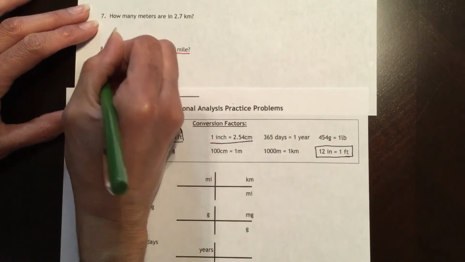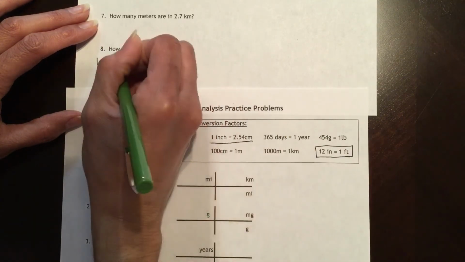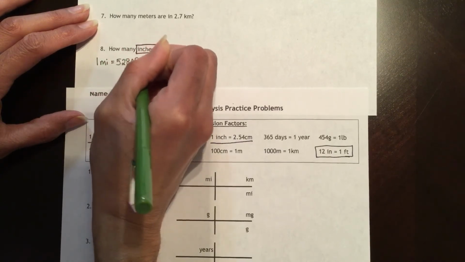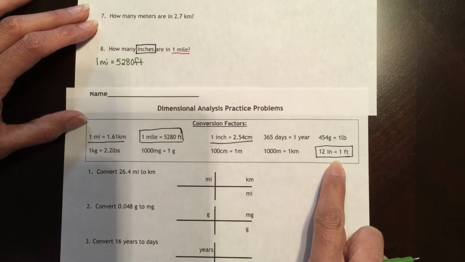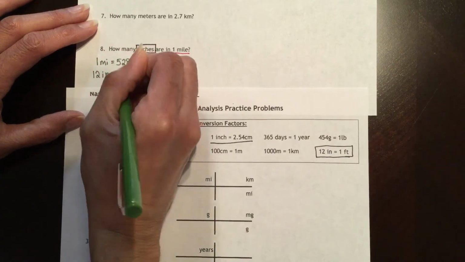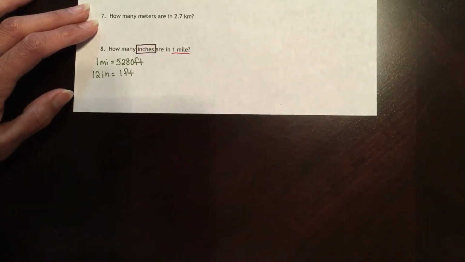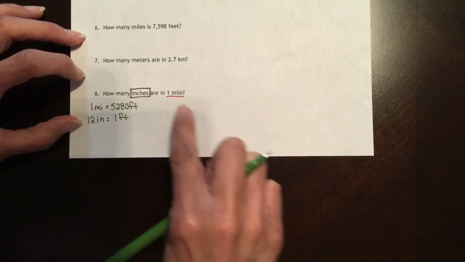I know for every 1 mile, I have 5,280 feet. All right. And I also know I have 12 inches in 1 foot. All right. Now that I figured out the information that I can use, I'm going to set up my equation.